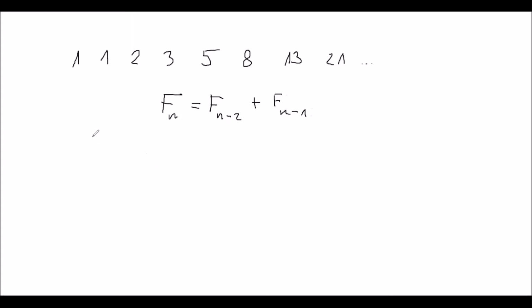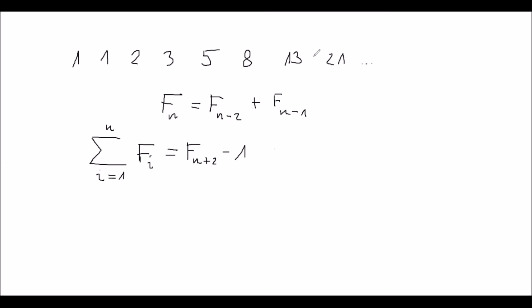It says that the sum of all Fibonacci numbers from the first to the nth is equal to the (n+2)th Fibonacci number minus 1. How can we prove it? We can prove it, for example, using mathematical induction.